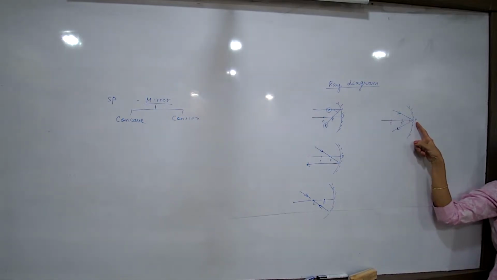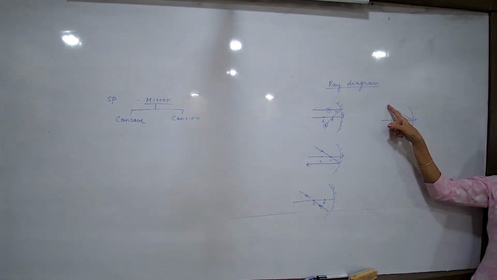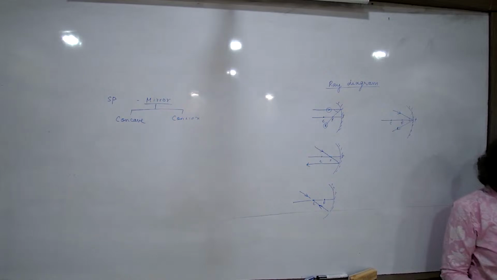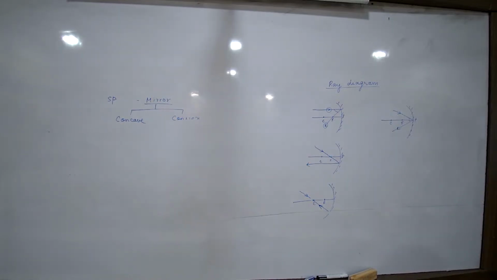Oblique. So an incident ray which is oblique to the principal axis, that means it is at an angle. Come on, write down. The incident ray that is oblique, O-B-L-I-Q-U-E. The incident ray which is oblique to the principal axis towards P, P is your pole.